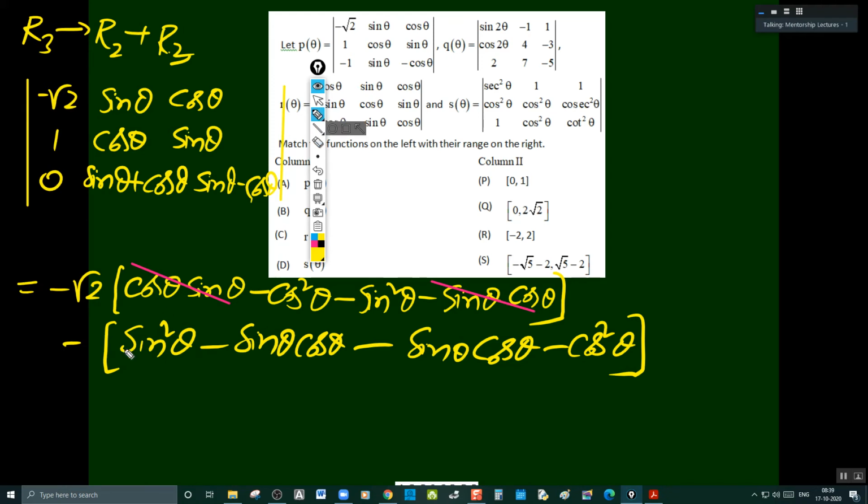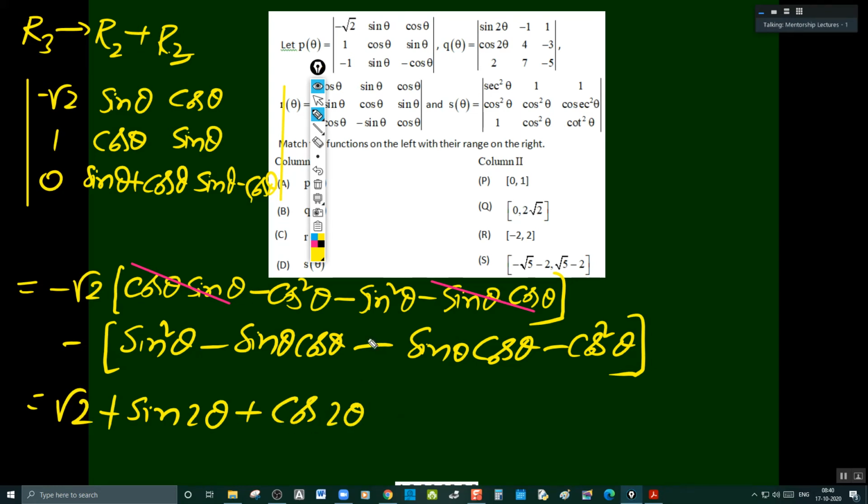So this is minus root 2. Take this minus common. That becomes plus root 2. This is root 2. And it is minus 2 sine theta cos theta. Minus is outside here, minus of minus, plus this is sine 2 theta, and this is cos square theta minus sine square theta, cos 2 theta.